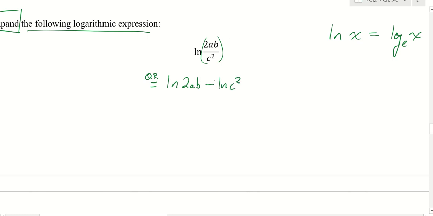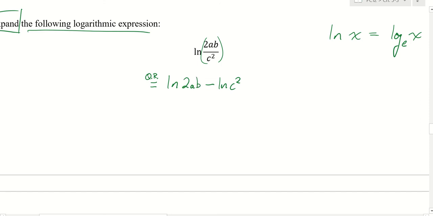Here I've written the numerator here, and I've written the denominator here. So remember, you can represent a logarithm of a quotient as a difference of those logarithms.